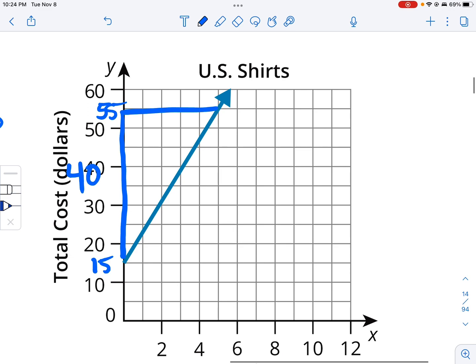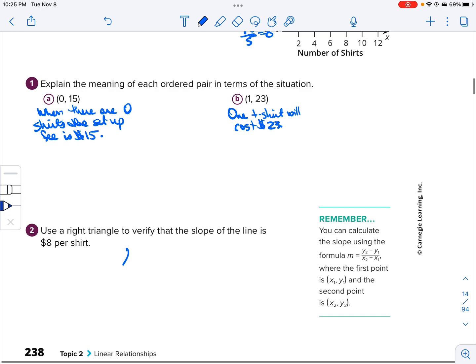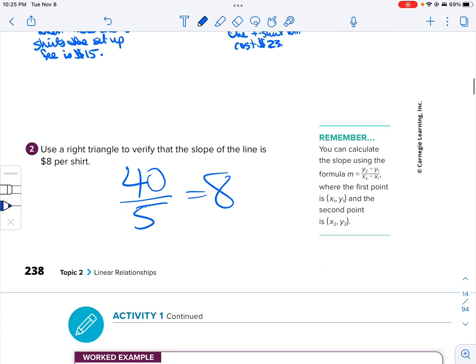And that goes over 5 times. So 40 over 5 gets me 8.